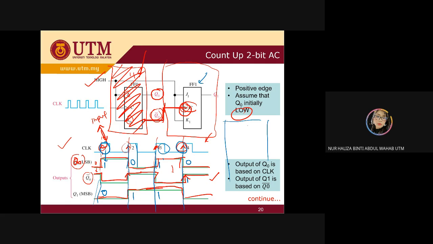This one is already finished. I get my Q1 already. Q1, Q0. And then I have my value of cycle. Cycle 1, cycle 2, cycle 3, cycle 4. And then I have the initial value. Initial, it will be 0, 0. And then it starts here 0, 1.